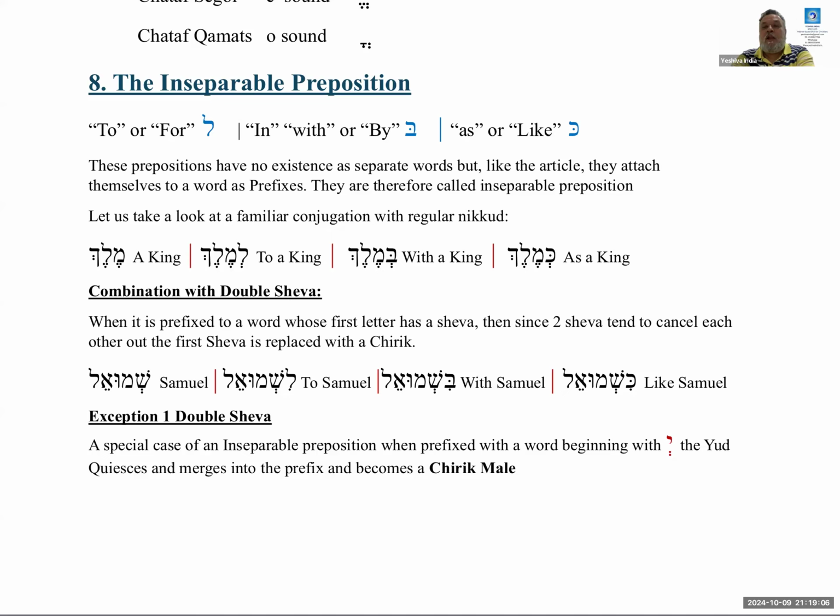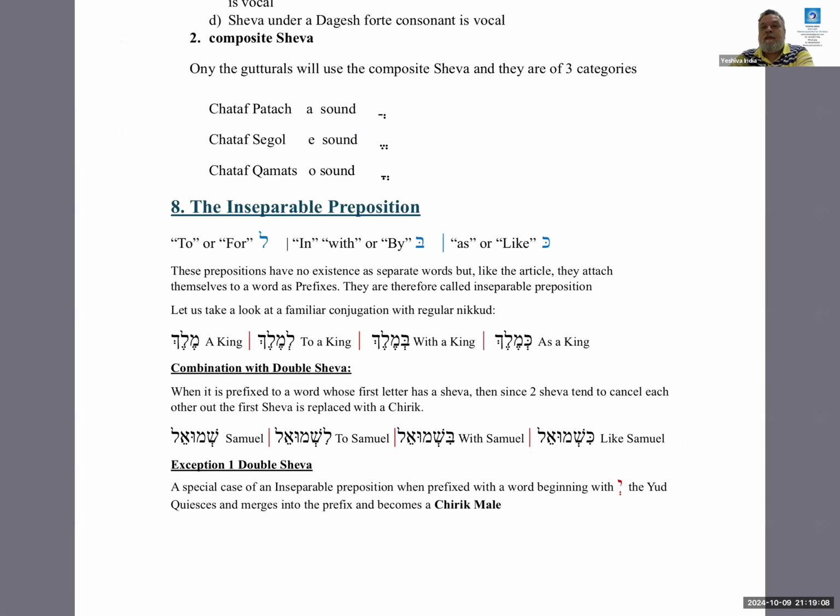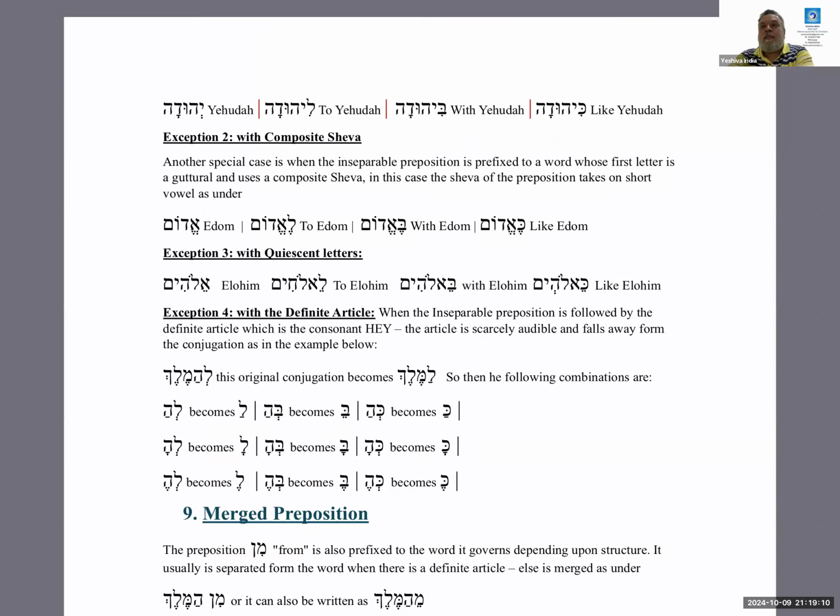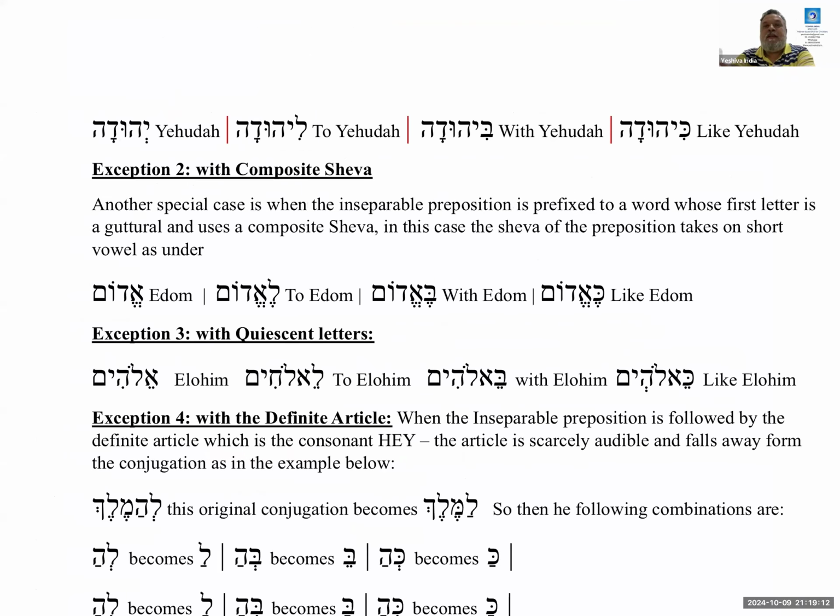Therefore, it becomes a long sounding nikud. Look at this now. Yehuda. The word starts with the yud, with the sheva. I have to add a lamed with the sheva. Because it is a yud and the sheva, it becomes Lihuda.